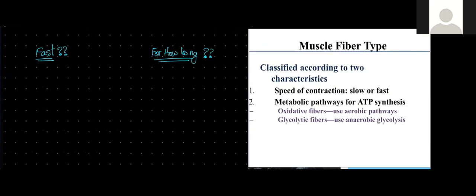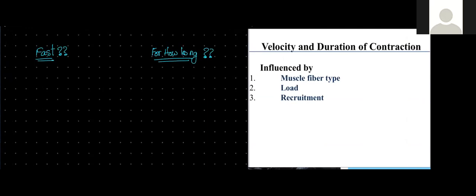So again, here we're not looking at the force of contraction, we're looking at how fast can you contract and for how long can you contract. So what are the factors here that will be affecting how fast and long the muscle will be contracting?